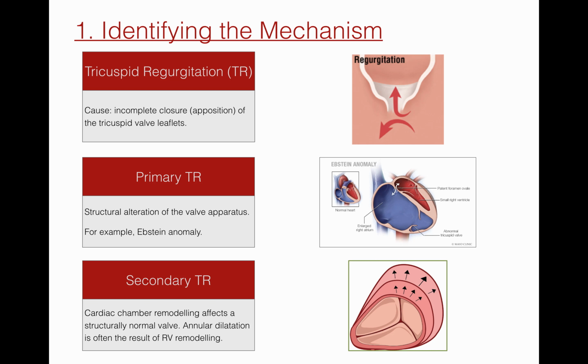Secondary tricuspid regurgitation, which is far more common and responsible for about 80% of significant tricuspid regurgitation, is regurgitation through a structurally normal tricuspid valve due to right ventricular or right atrial remodeling that prevents the leaflets from closing completely.